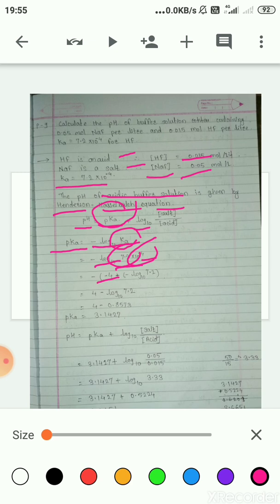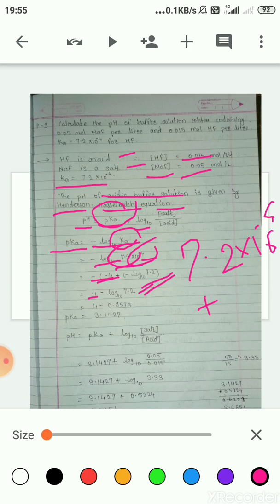Here we have a multiplication sign, 7.2 into 10 to power minus 4, therefore we have to take a summation of log terms. So plus negative log to the base 10 of 7.2. Now minus into minus 4 becomes plus 4, so 4 minus log to the base 10 of 7.2.